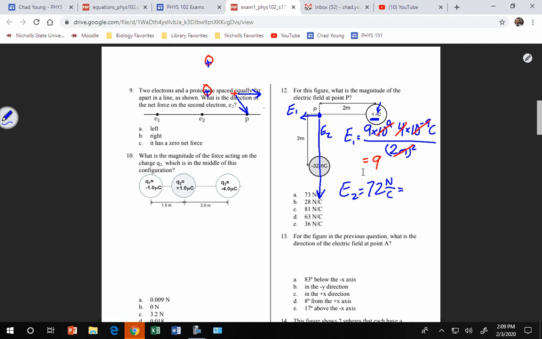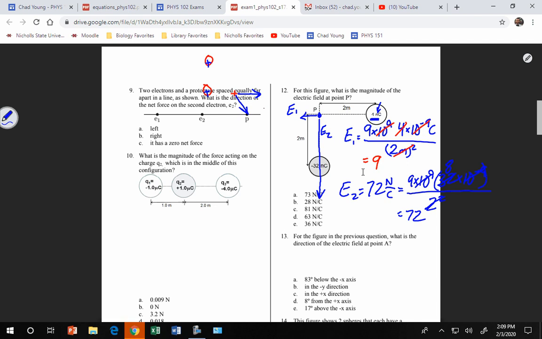Well, let's just go ahead and I'll show you, if you're not sure of that. You say 9 times 10 to the 9th times Q, which is 32 times 10 to the minus 9, absolute value of the charge, divided by 2 squared. That's a 4 that cancels out up here, gives me 8. These cancel, and that gives me 72.